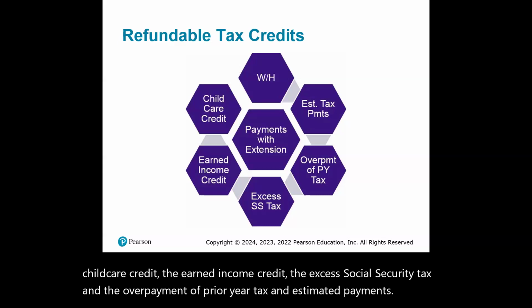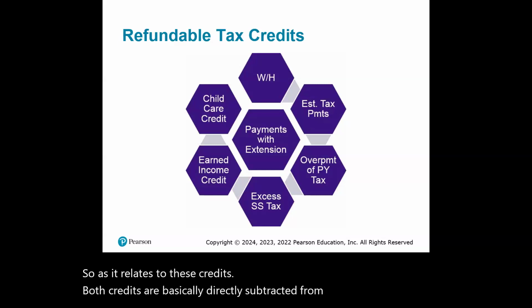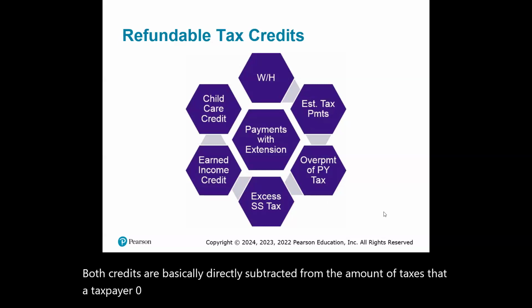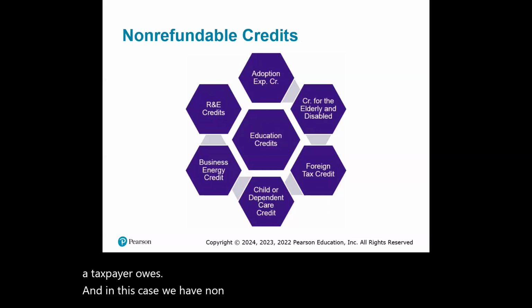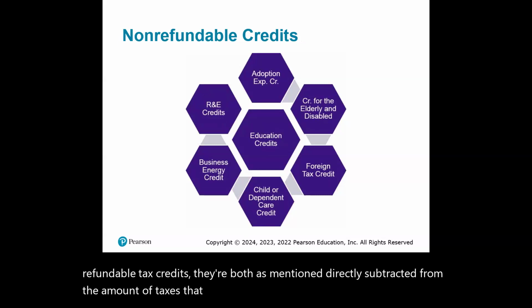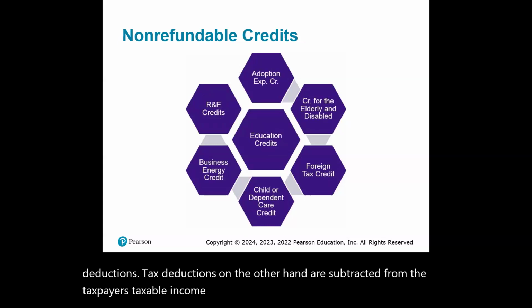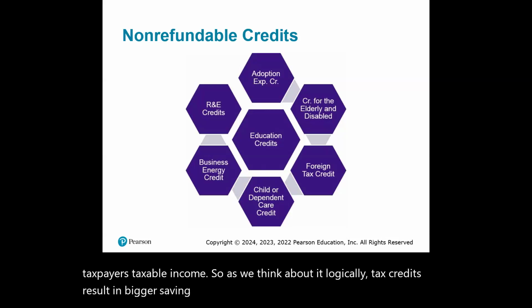Both refundable and non-refundable credits are directly subtracted from the amount of taxes that a taxpayer owes. This is in comparison to tax deductions. Tax deductions, on the other hand, are subtracted from the taxpayer's taxable income. So as we think about it logically, tax credits result in bigger savings, especially for lower income filers.